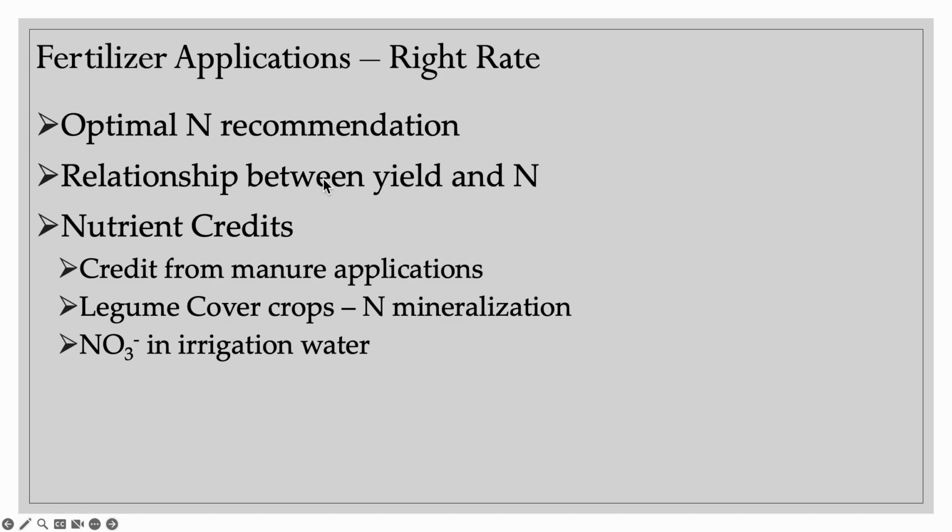That is the relationship between yield and nitrogen, or the nutrients that are in there. There have been several studies done to determine what the optimum nitrogen requirement is in order to optimize yield. I don't like using the term maximize, because we can apply the appropriate amount of nutrients to our crops.